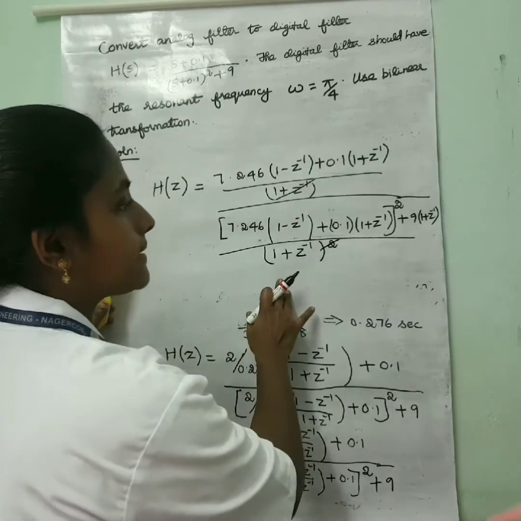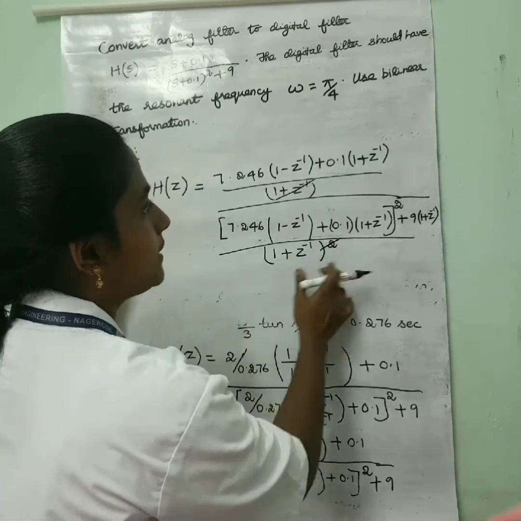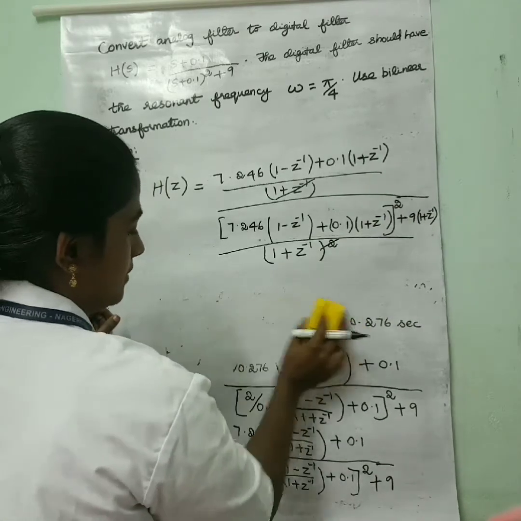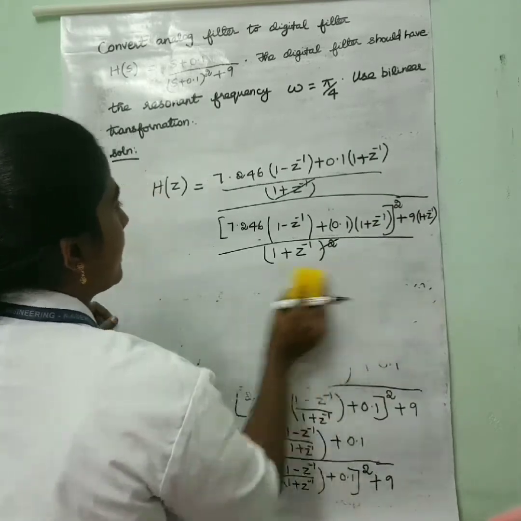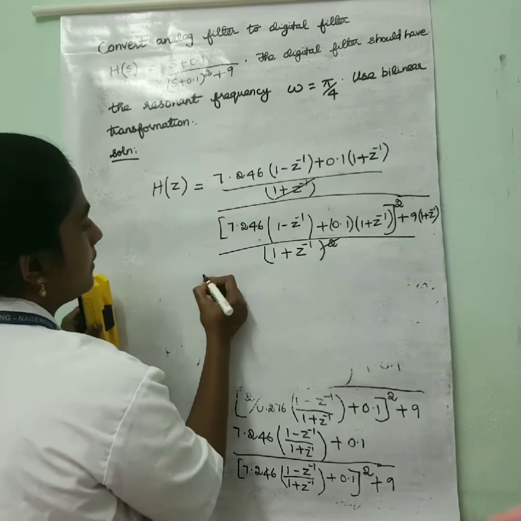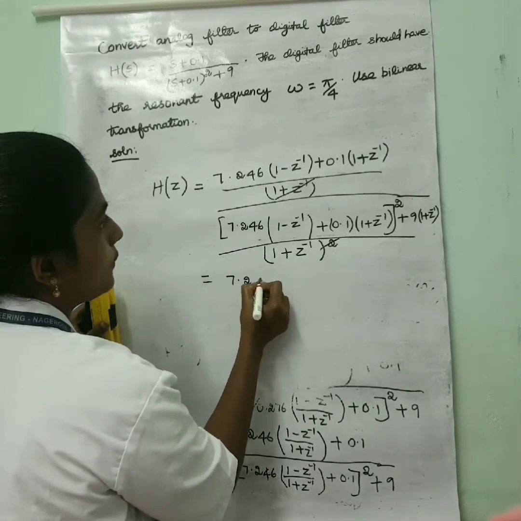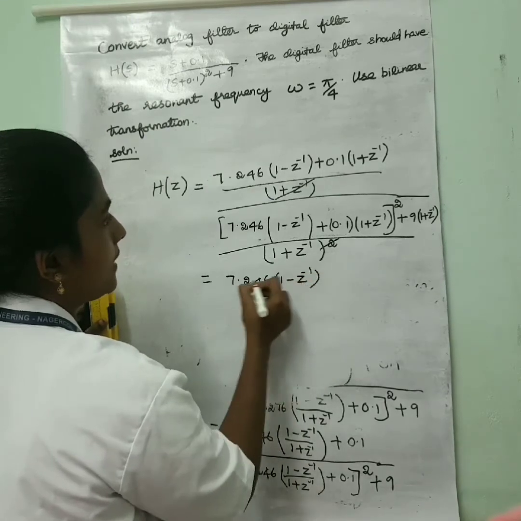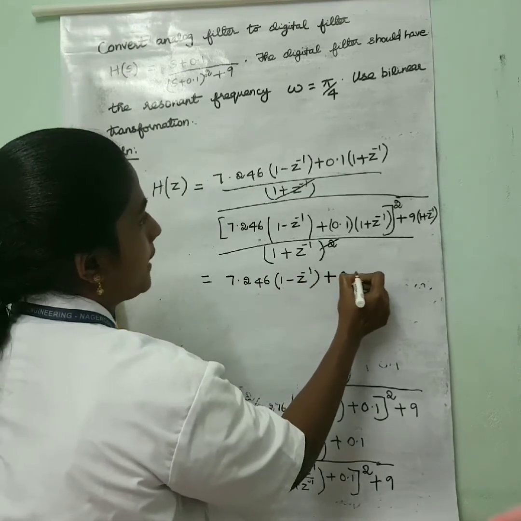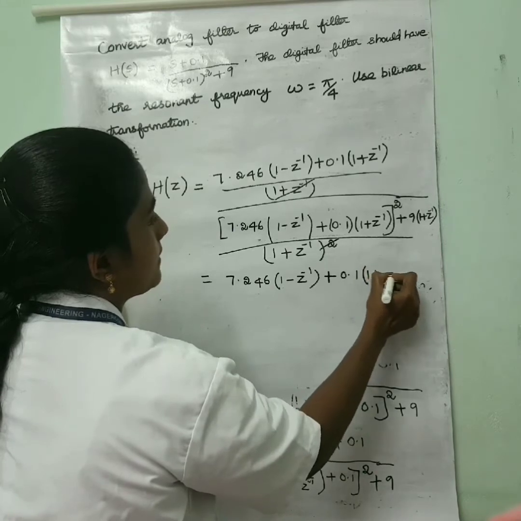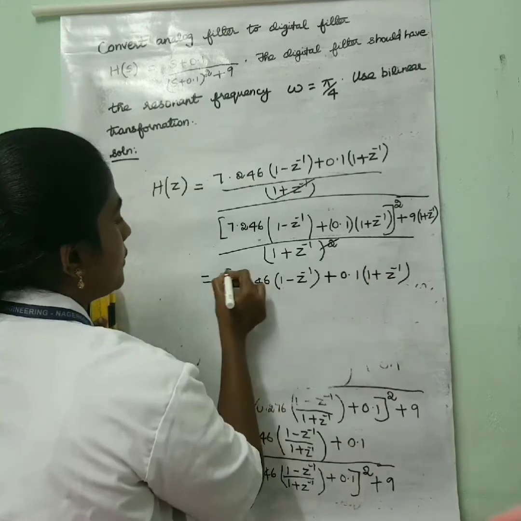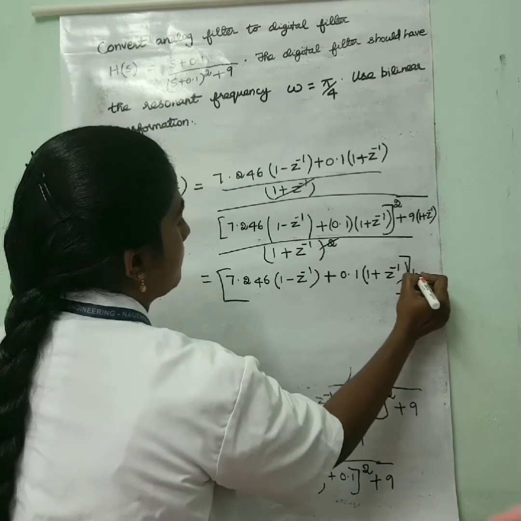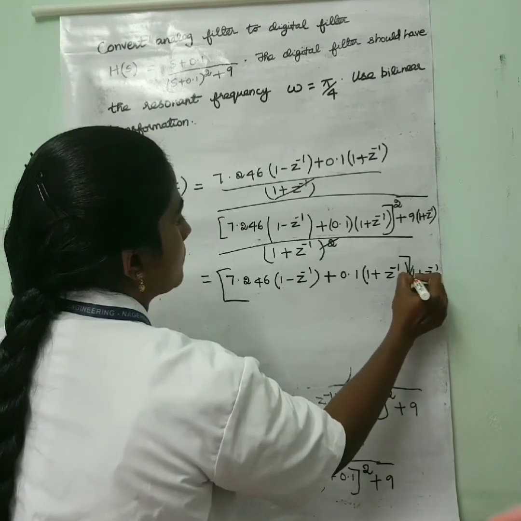So in the next step we will multiply this one in the numerator. You will get 7.246 into (1 minus z power minus 1) plus 0.1 into (1 plus z power minus 1). In the numerator, when you are multiplying, you will get (1 plus z power minus 1).